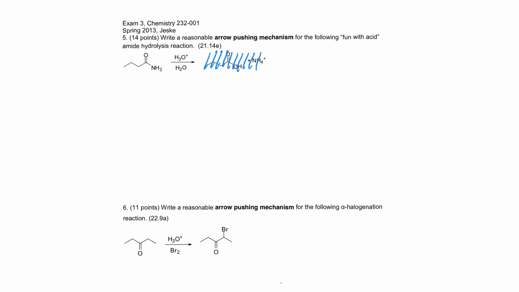draw a good mechanism. So basically we have acid present and we have water. Again, H2SO4 catalytic plus water. It's really the same thing as H3O plus, so I'm just going to use that. So the first thing we do whenever we have a fun with acid problem is to protonate.